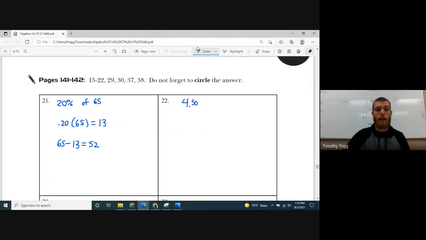So first, we're going to find 40% of $4.50. Okay, so change that to a decimal. That's 0.40 times 4.50.